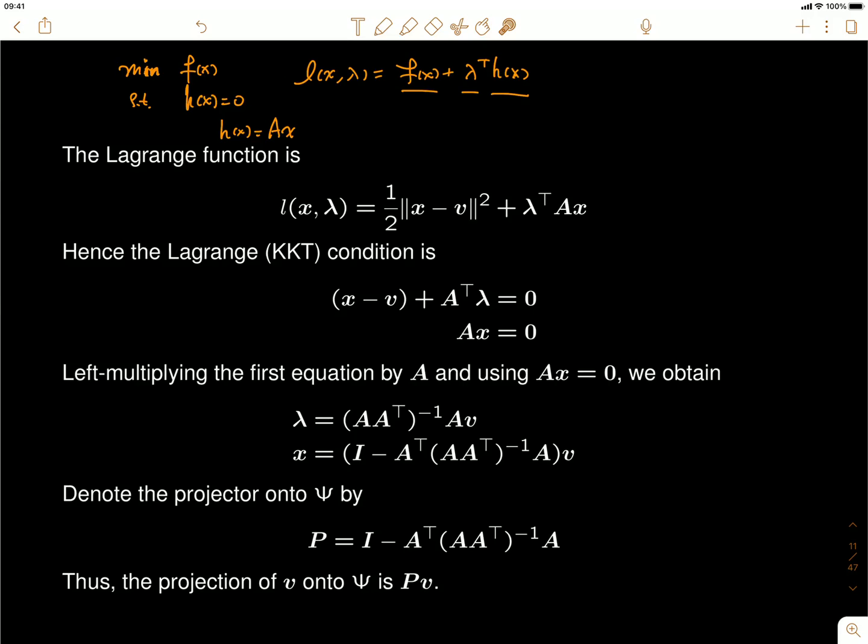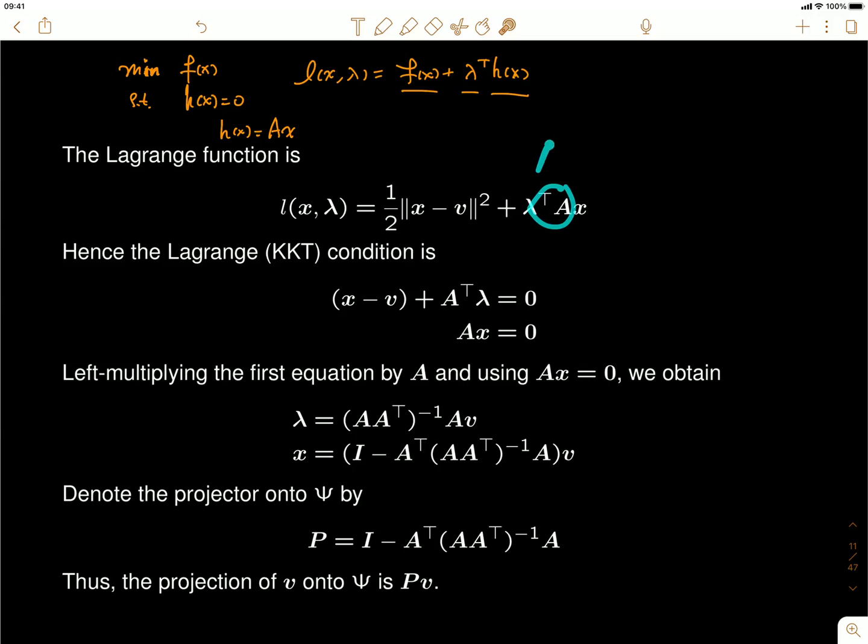This can be easily obtained by taking the gradient of L with respect to x and lambda. That's the trick we learned in the last chapter. When we take the gradient with respect to x, this becomes x minus v, and this becomes A transpose lambda, because we have been doing this many times now.